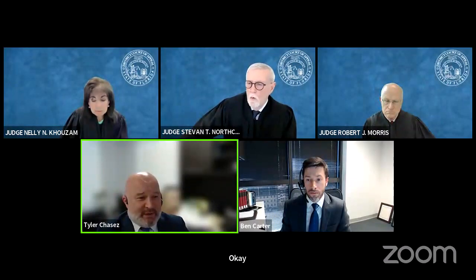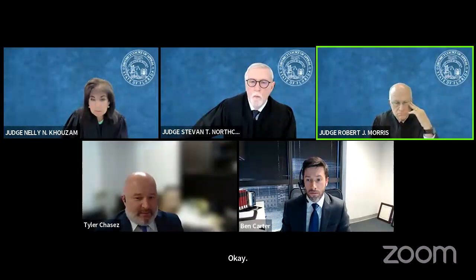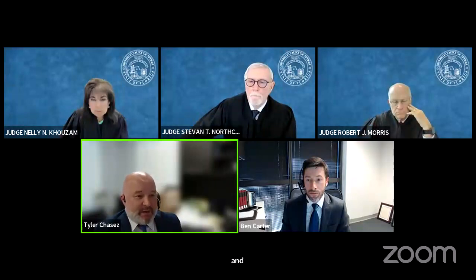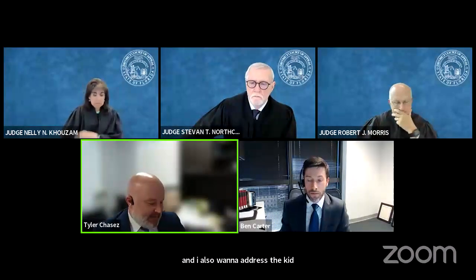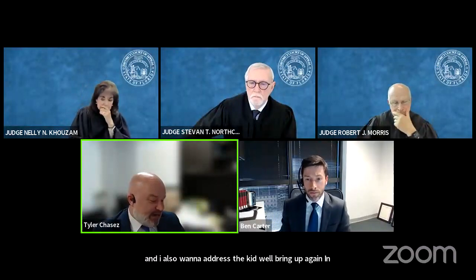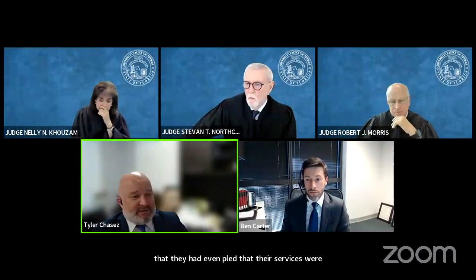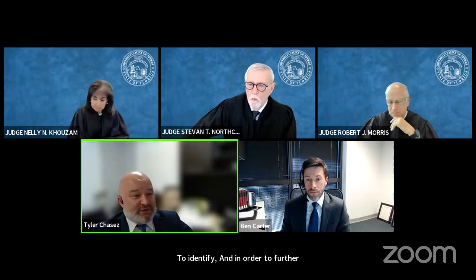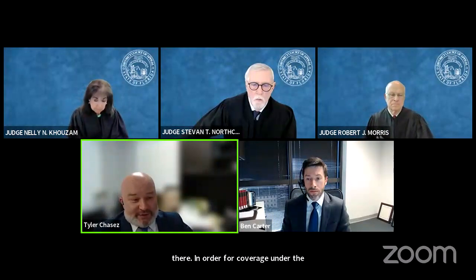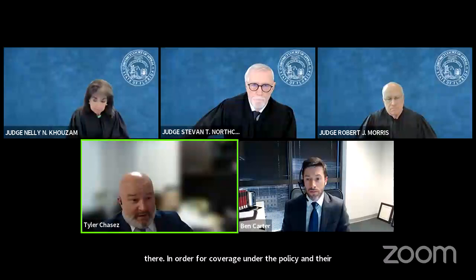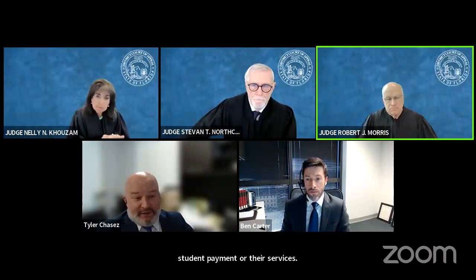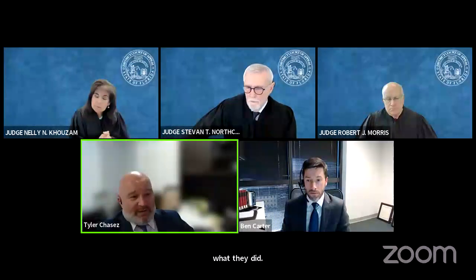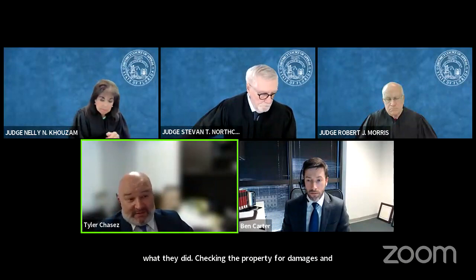So for all of those reasons, I don't believe our services are really one and the same as what the statute would cover. And I also want to address the Kidwell case brought up again. In that, they'd even pled that their services were being provided to identify damage and to further assess what was there in order for coverage under the policy, and they were seeking payment for their services from American Integrity, not for the failure to pay outside of what they did in furtherance of checking the property for damages and providing scopes of repair or presence of mold.